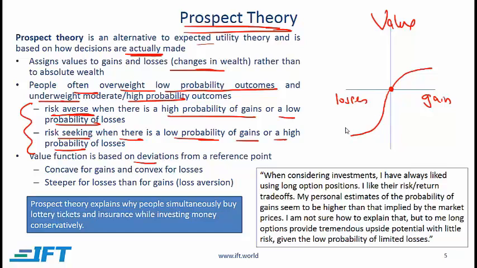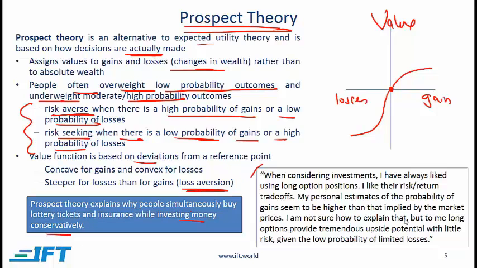Also, in prospect theory, we assume that individuals are loss averse. Now, loss aversion refers to a situation where investors dislike losses more than they like gains. Prospect theory explains why people simultaneously buy lottery tickets and insurance while investing money conservatively.